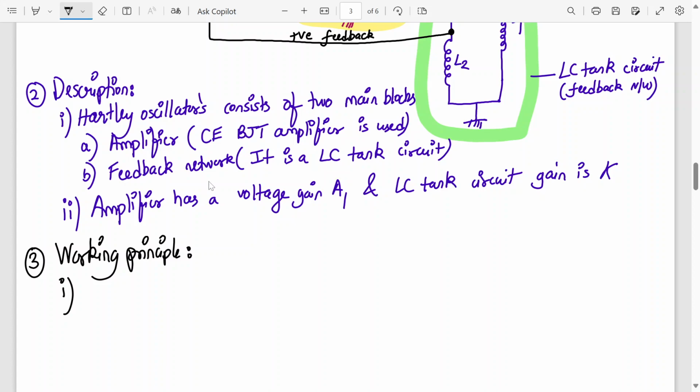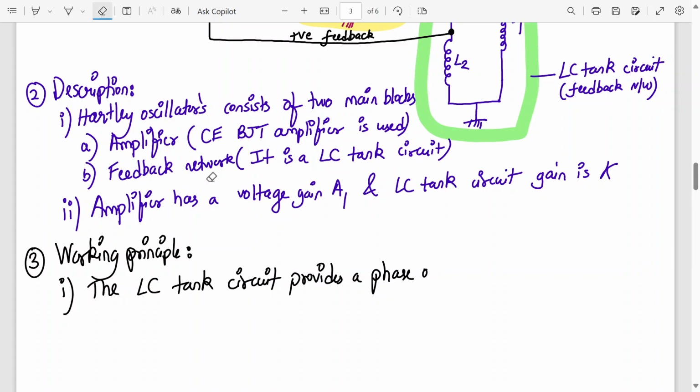The LC tank circuit provides a phase shift. So the LC tank circuit provides a phase shift of 180 degrees.